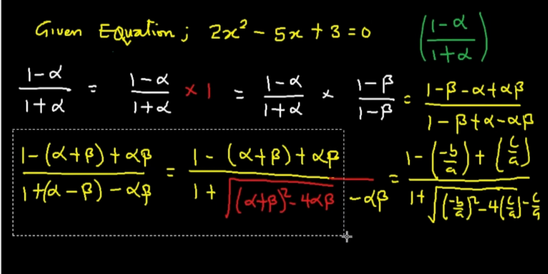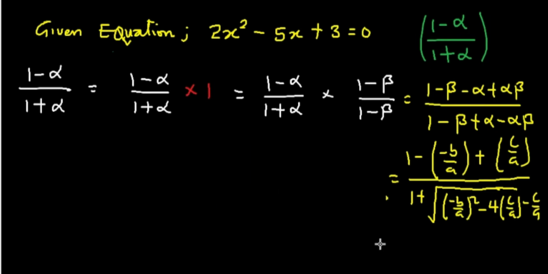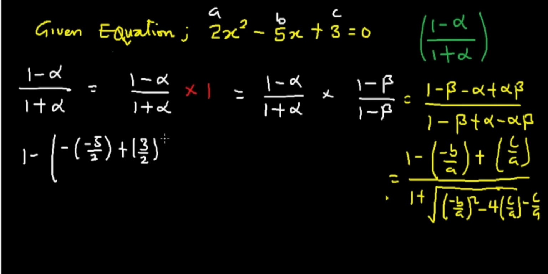Let's move to the next one in this process. Don't forget this is my a, this is my b, and this is my c. So I'll have 1 minus, into bracket, minus 5, that's my b, over 2, plus my c is 3 and my a is 2, same thing like that.